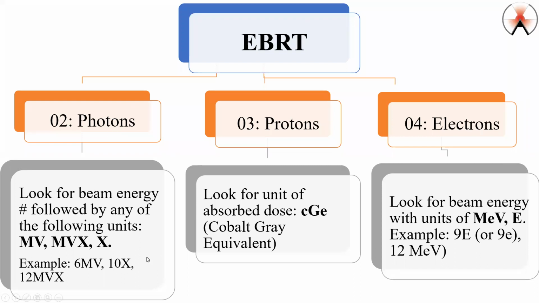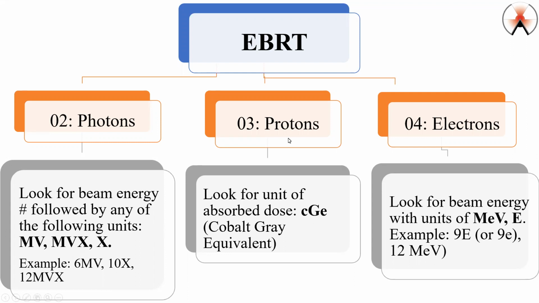Photons. So you see this in these examples, and immediately you have taken care of one of the code requirements for your case. The modality code should be photons, 02. Right away, out of the way, okay? MV, MVX, or X, photons.